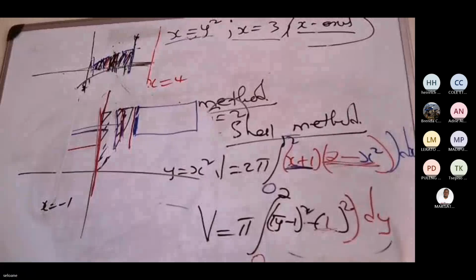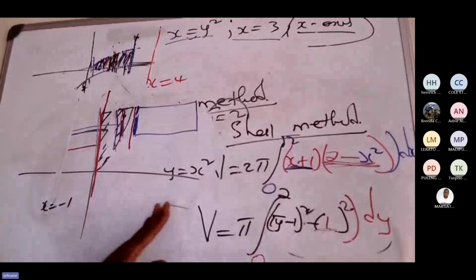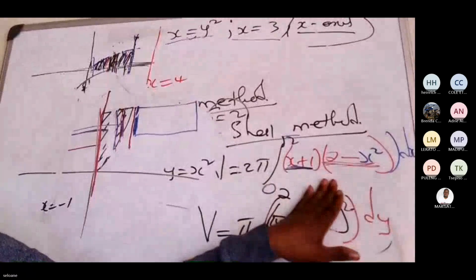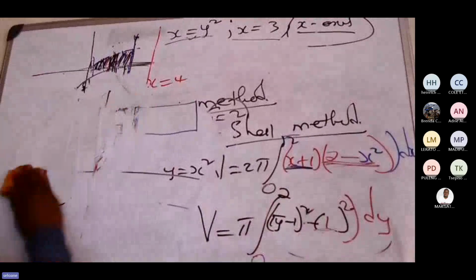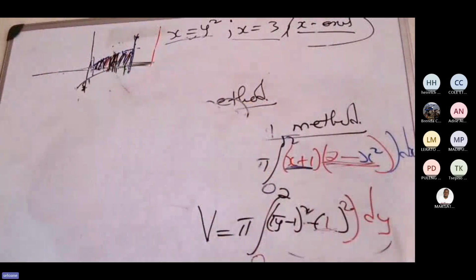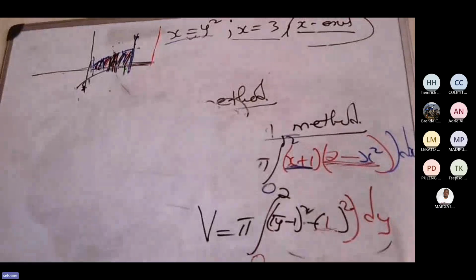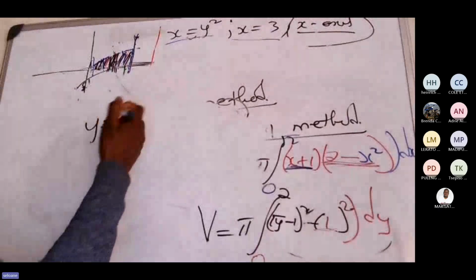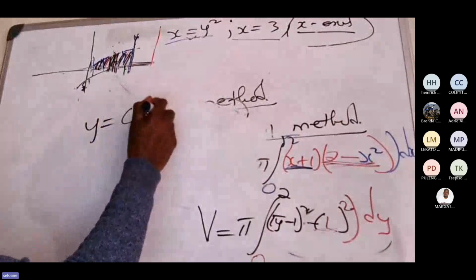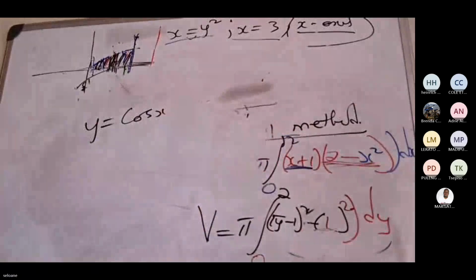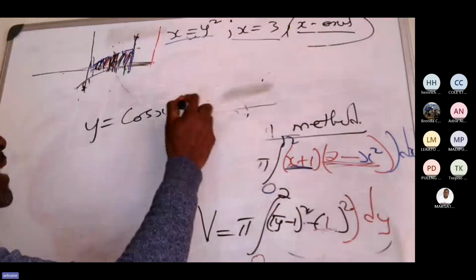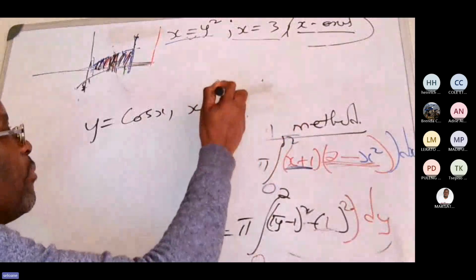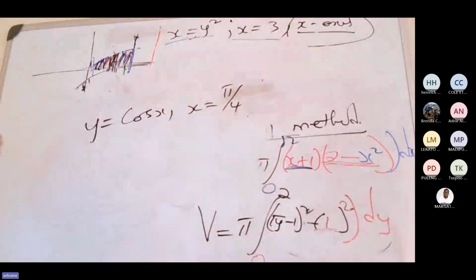Now, as we have said, to integrate this, you can have, say, y equal to cos x. Whatever, say the region is enclosed by y equal to cos x, x equal to, say, pi over 4.